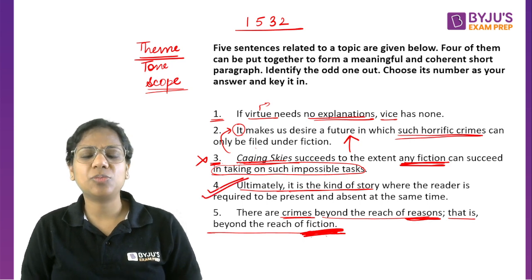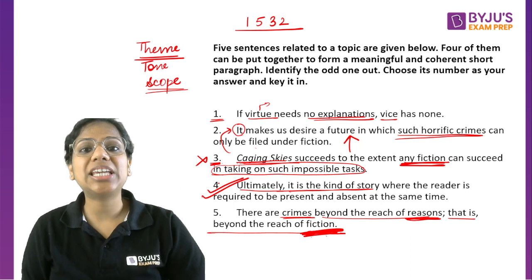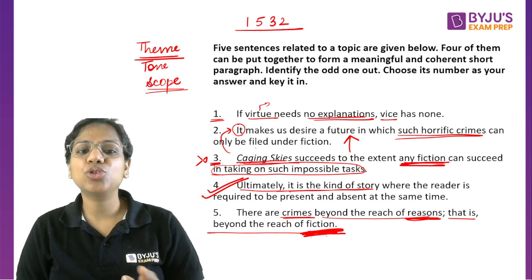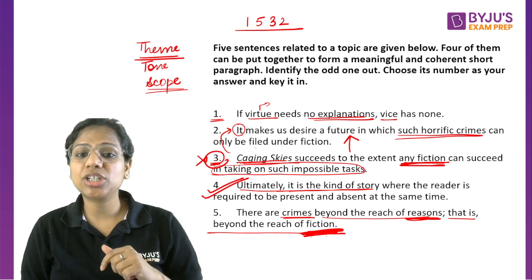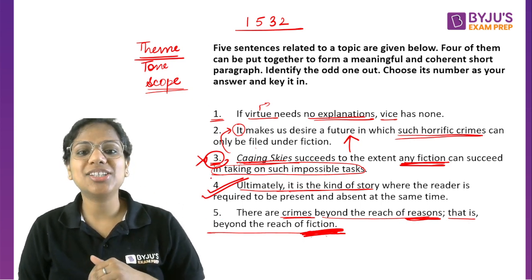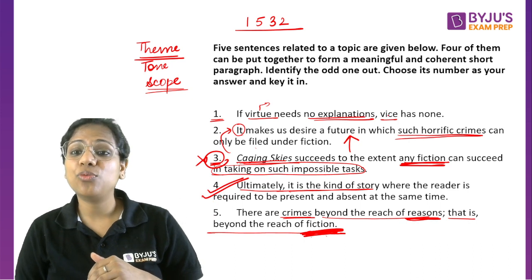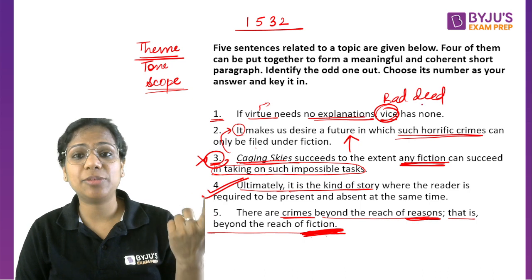Why 4? Now you must be thinking. See, I am going by the long approach here because I'm explaining everything to you. In the exam, you would decide quickly that 3 belongs to the paragraph. We are talking about crimes, so perhaps 5 and 2 also belong to the paragraph. The decision is between 1 and 4. 1 talks about a bad deed. Okay, so a crime is a bad deed.